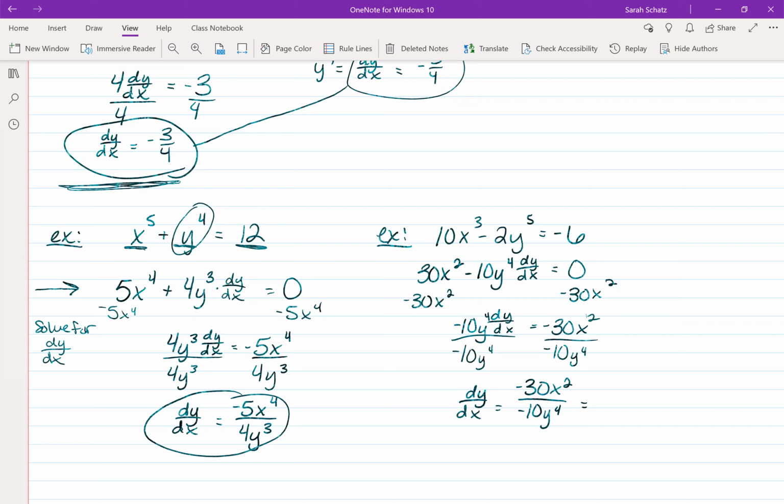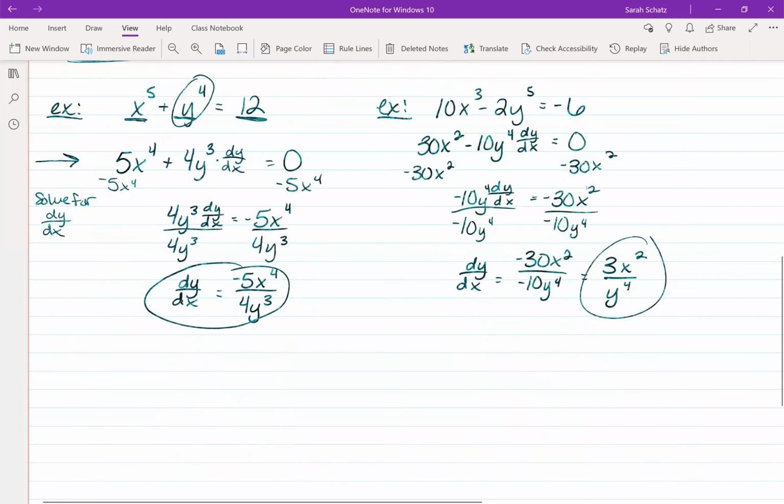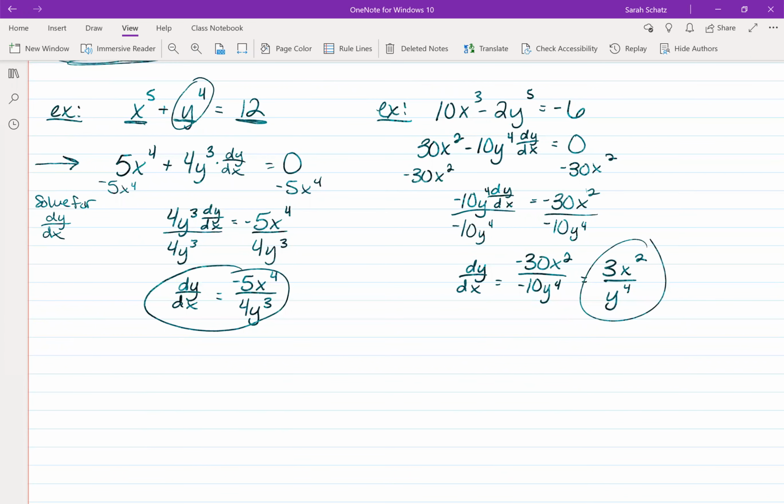So I can do the negative 30 over 10, and that's just going to leave a positive 3 on the top if you take 10 out of both of those, or negative 10 out of both of those. And you'll get positive 3x squared over y to the 4th. So once you actually take the derivative, it's just algebra skills, basically, right? As long as you do take the derivative correctly and you remember to put in that dy dx.